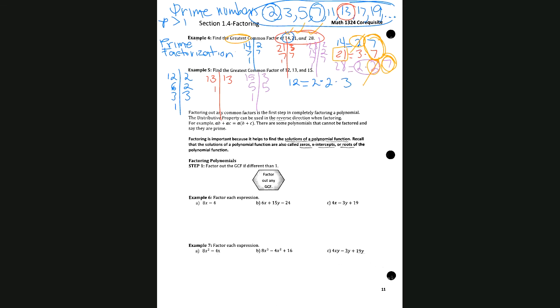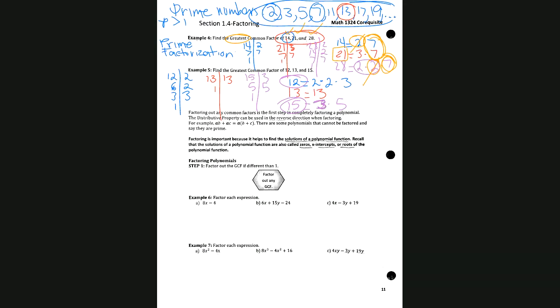And part of the reason is that 13 is also part of those three numbers, and 13 is prime. So if the question had only included 12 and 15, then the answer would have been their greatest common factor is 3, because 3 appears in both.